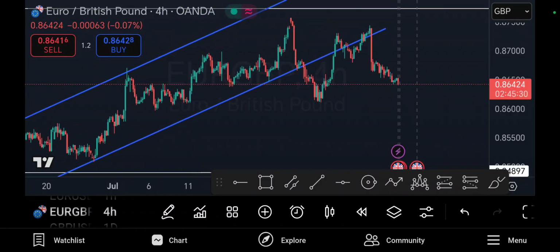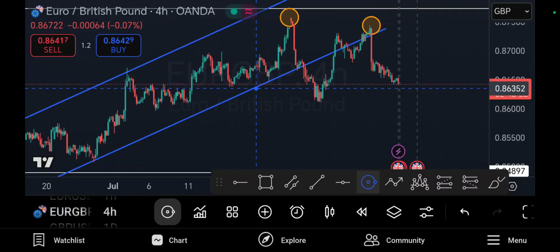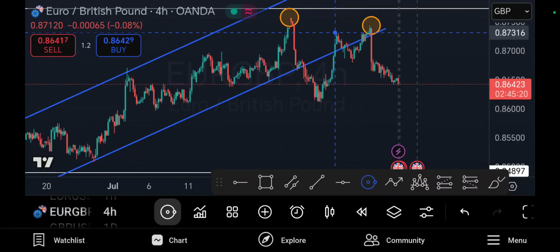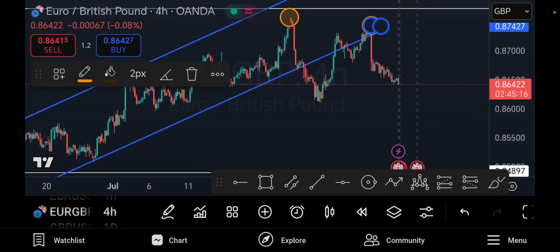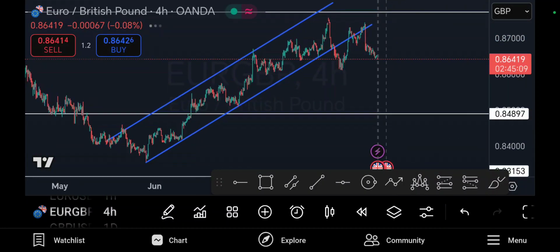See, this double top. There we go. Okay, it's even now a triple top. But yeah, see, what you should understand is that a double top might not be as clear as in the textbook.